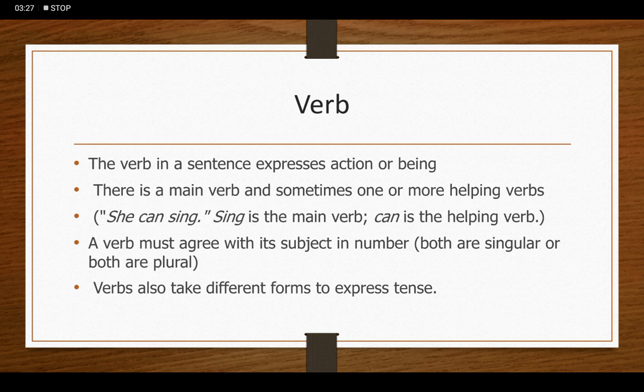Then going to the verb. What is a verb? Yes, we have learned that verbs are action words. The verb in a sentence expresses action or being. There is a main verb and sometimes one or more helping verbs.